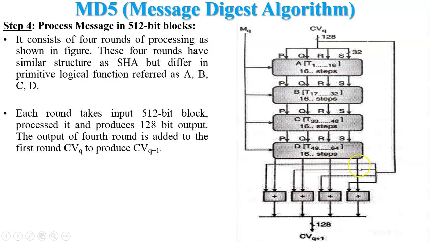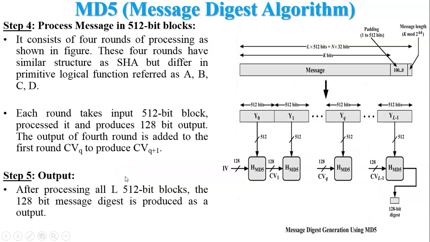The output of the 4th round is added to the initial value CVq, the initial value of PQRS, to produce CVq plus 1, and finally it generates a 128-bit output.